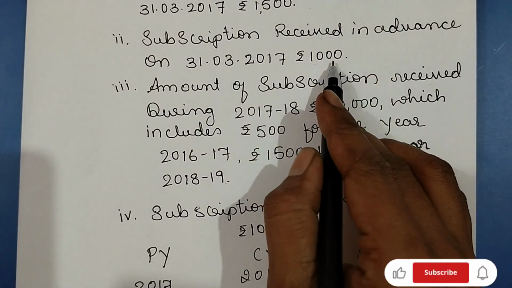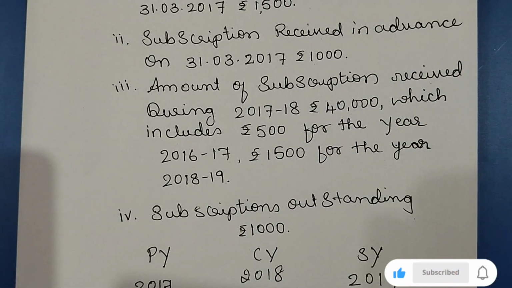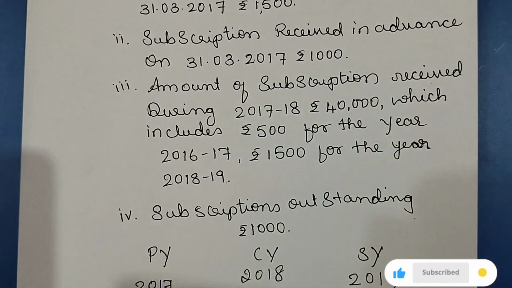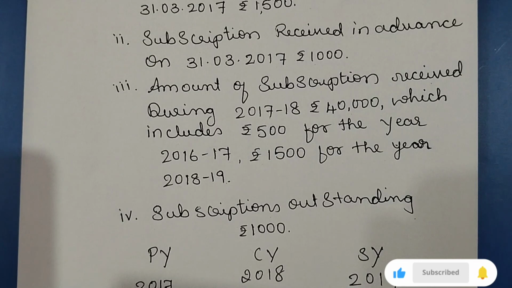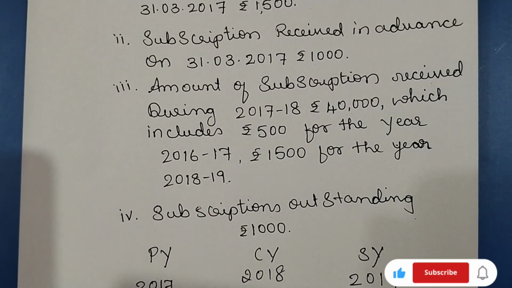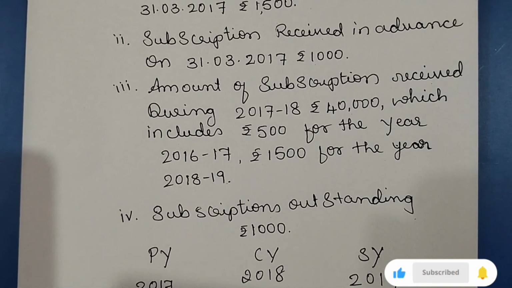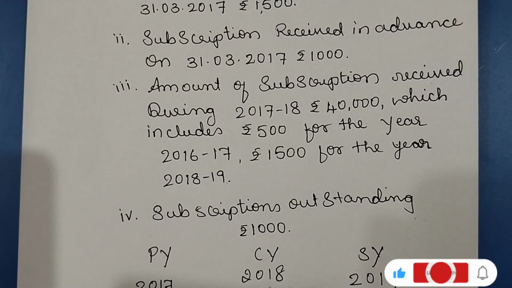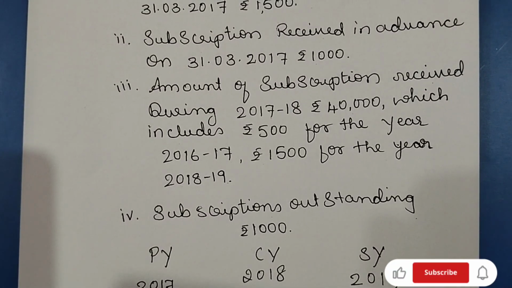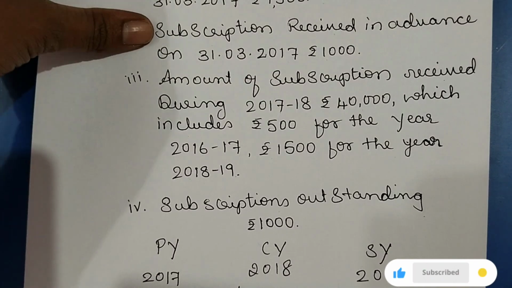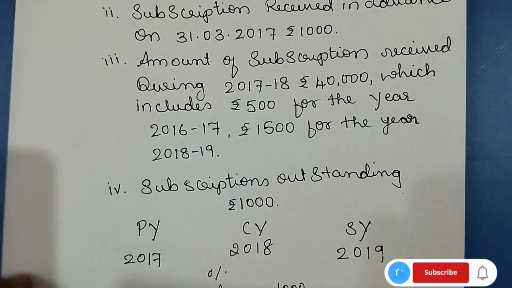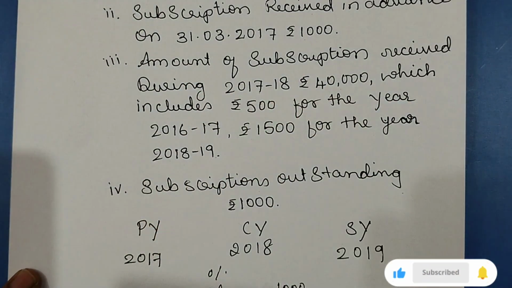This 1000 I am supposed to receive in 18, but I have received in advance. So this is our opening advance, 1000. This one is our outstanding opening balance.